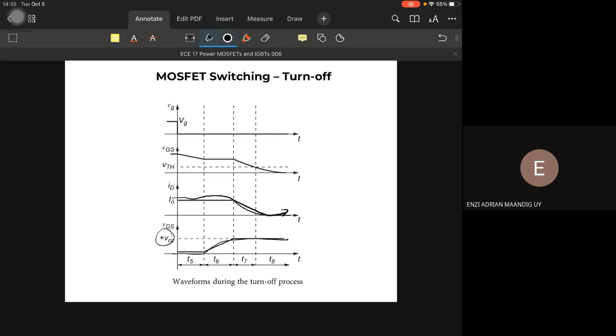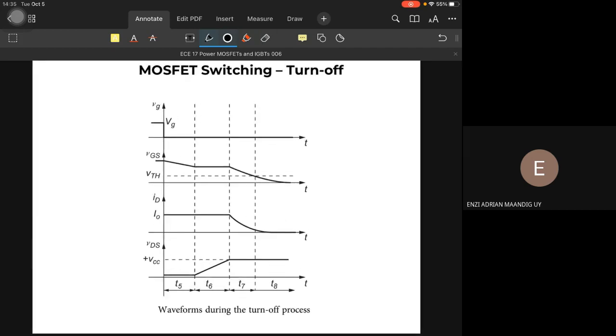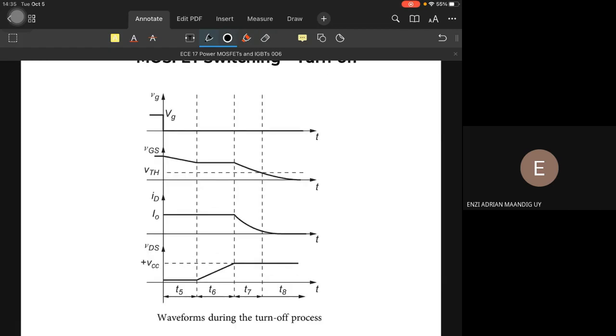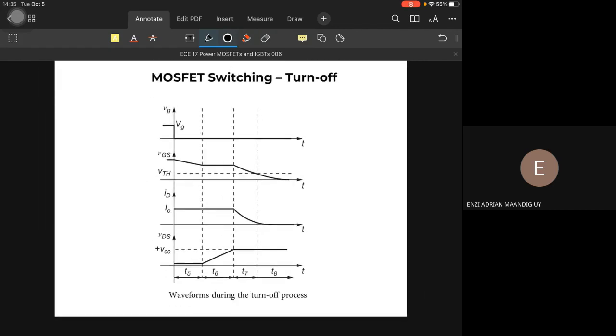So, opposite lang sila sa turn on. Of course, dapat lang. And almost the same na gyapon siya sa other devices. Yeah, the same na gyapon siya sa other nga devices. No?